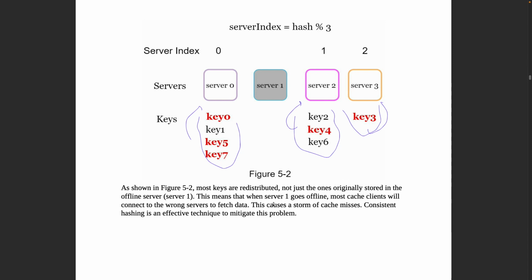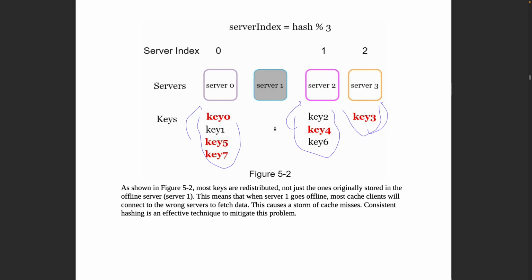This means that when server 1 goes offline, most cache clients will connect to the wrong servers to fetch data. This causes a storm of cache misses. Consistent hashing is an effective technique to mitigate this problem.